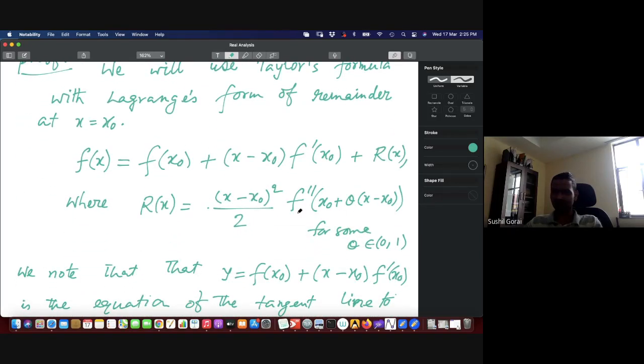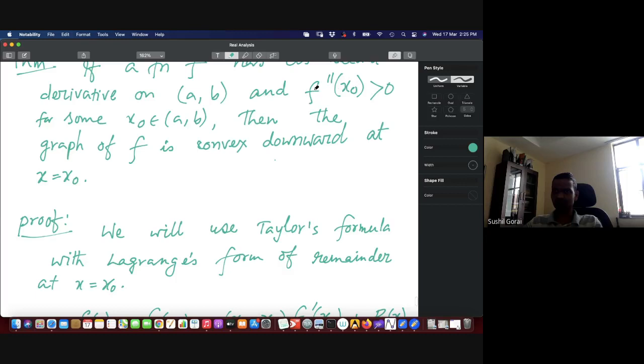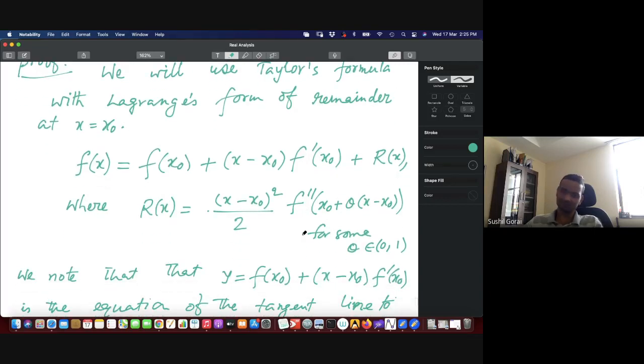So here you see, we have this one, if f double prime of x naught is greater than 0. Here, x naught is not present. What is present is x naught plus theta times (x minus x naught). So it will be some point around x naught. If you look at the picture, x naught is there, and you are looking at point x. So this point will be somewhere here.